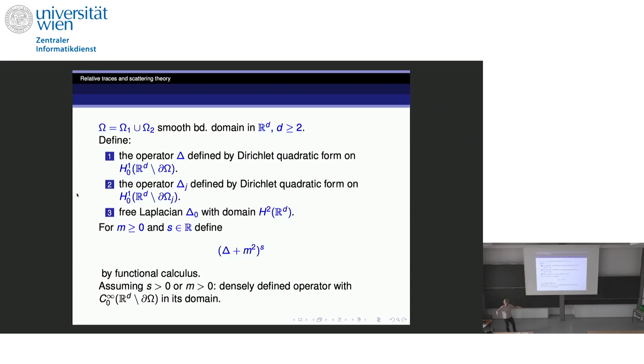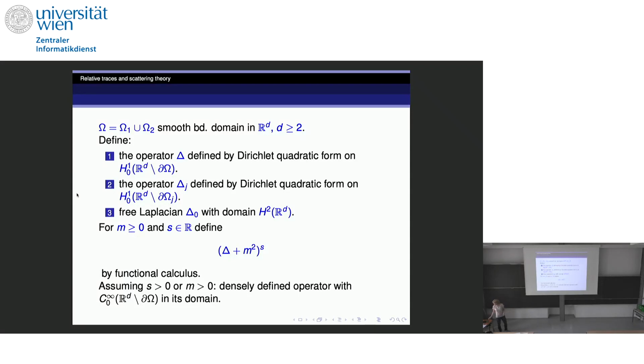Okay? So we want to measure the energy from two obstacles, right? The difference in the energies. It's not the free space minus the energy of the obstacles. No, it's really the force in between the two obstacles. This one is also the free Laplacian. We define this by the functional calculus. If S is negative, then of course you have some domain issues.